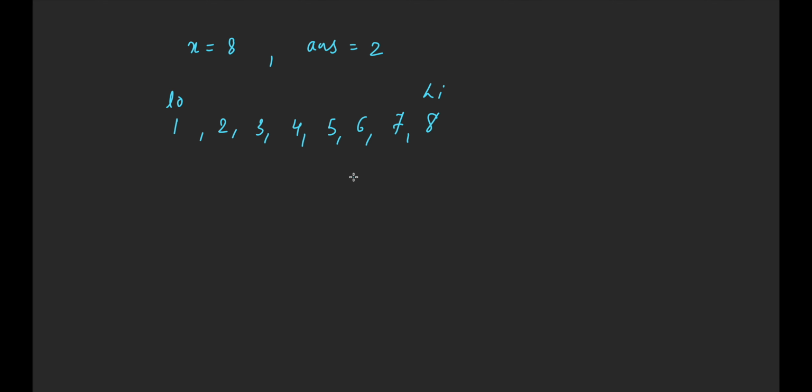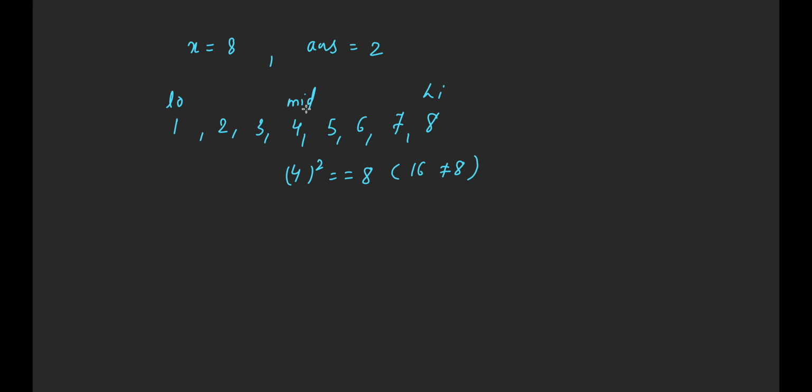Now, if we try to find the mid element, the mid comes to 4. Now, if we check if 4 square is equal to 8, no, it's not. 16 is not equal to 8. So we reduce our search range by moving the high pointer to mid - 1.